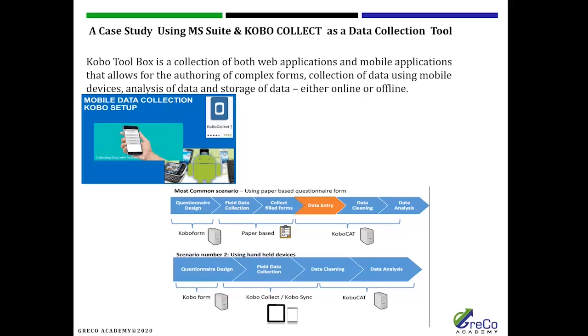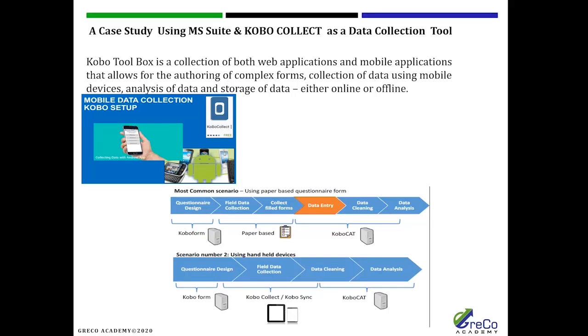This mobile data collection tool that we're talking about, Kobo Collect, needs to be explored further. When we talk about exploring, it's because it's paperless, it's efficient, it is secure and reliable. It is what's being used for collection of data.